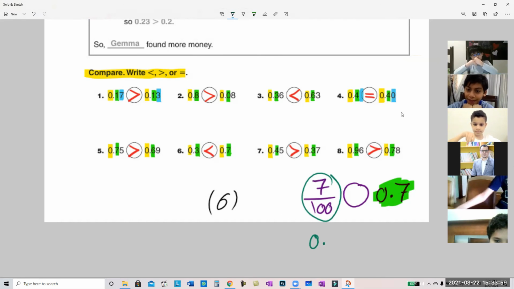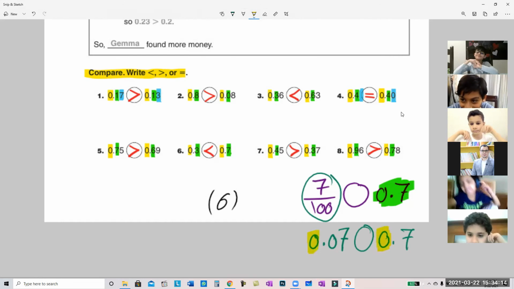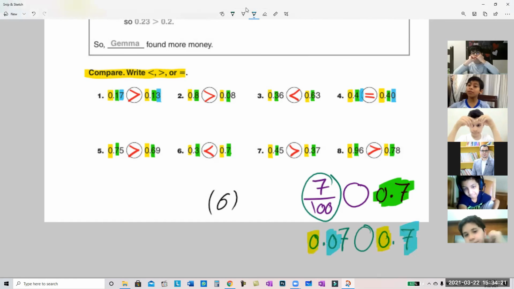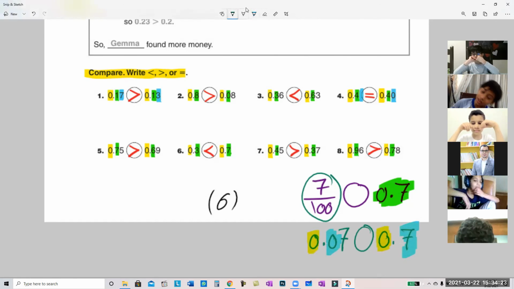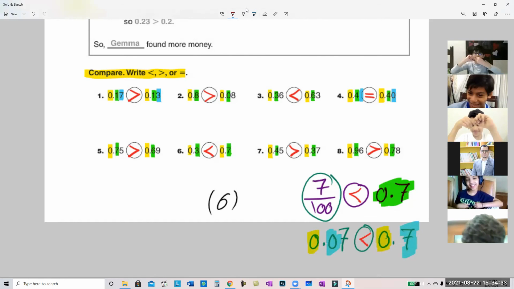So it will be 0.07, right? So 0.07 or 0.7. So Mahdi, we have here 0 and we have 0, right? Mahdi, are you still with me? Now, the next one, we have here 0 and we have here 7. So which is greater, Mahdi? The right one, 0.7. So Faris is correct.